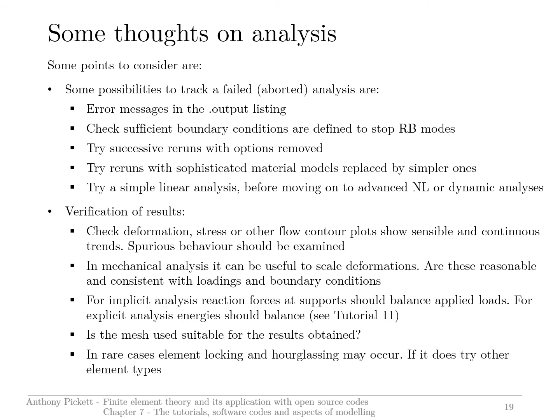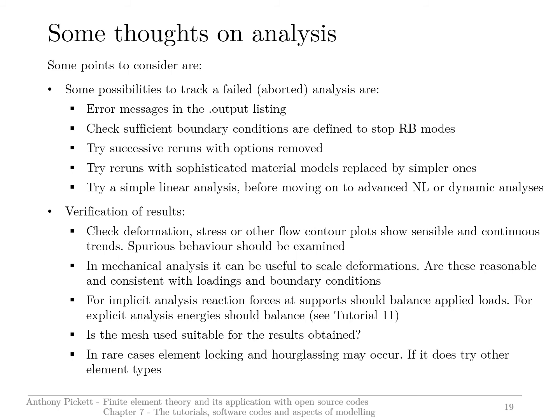If the stiffness matrix, for example, fails to invert, check that you've got the necessary boundary conditions to stop all rigid body modes. If you get an error message, for example, with the Jacobian, this is often to do with a very distorted element somewhere in the structure that would have to be corrected.